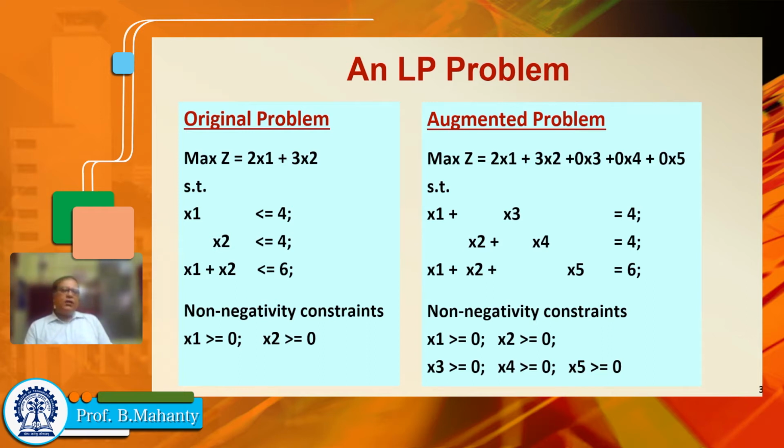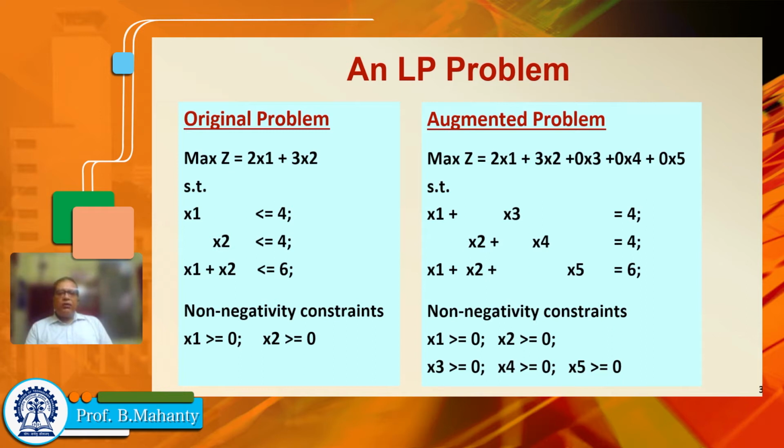As the problem is very clear, it's a maximization problem and there are three different constraints, so in order to get the augmented problem, we have to take some slack variables. Let us say three slack variables, x3, x4 and x5.